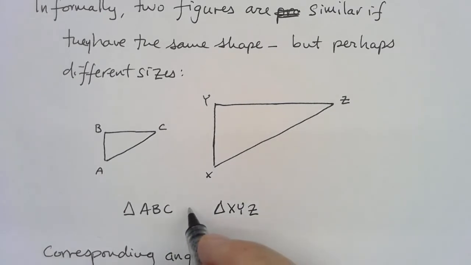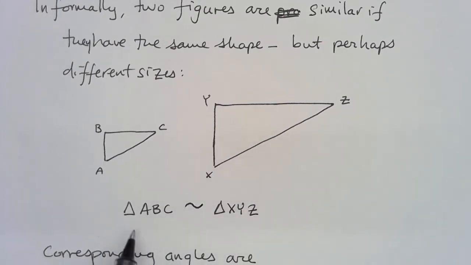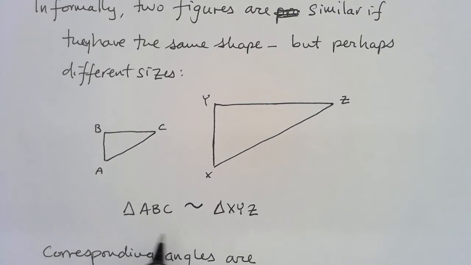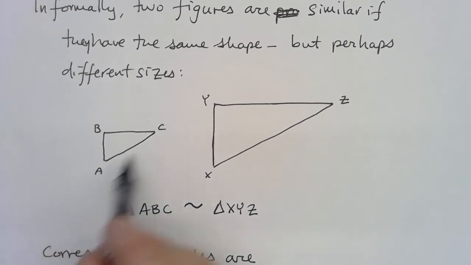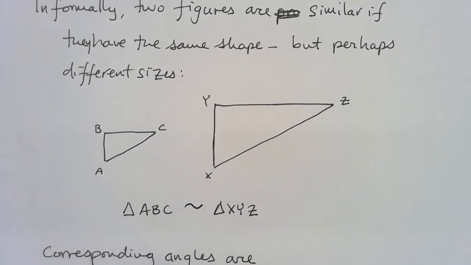The notation looks like the congruence notation. It's just the tilde part. This is the notation for similarity. So this would say triangle ABC is similar to triangle XYZ, and the order here reflects the correspondence. AB matches with XY. AC corresponds with XZ.